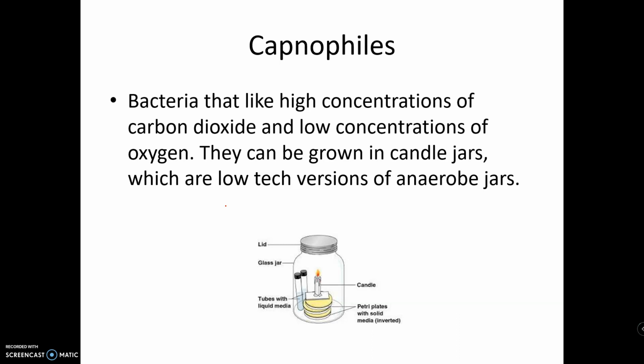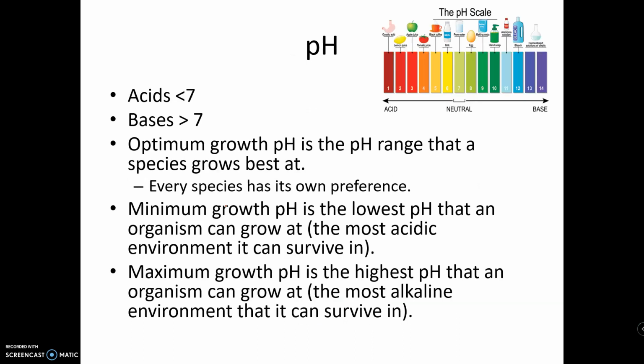There are organisms out there that actually get poisoned by oxygen, and if they are in the presence of oxygen, they will die. There are organisms out there that prefer a high carbon dioxide environment and a low oxygen environment. There are organisms out there that prefer to live in a crazy acidic environment that would kill you if you were to set foot in it.